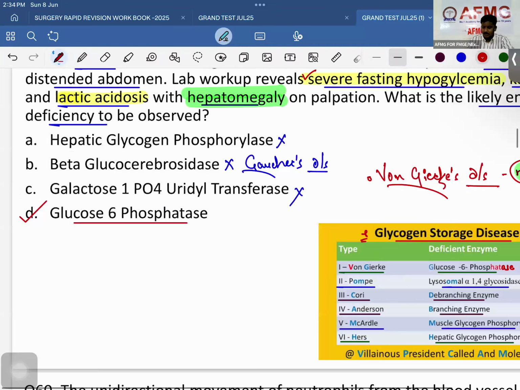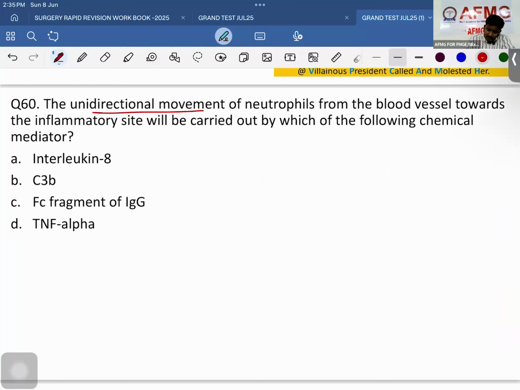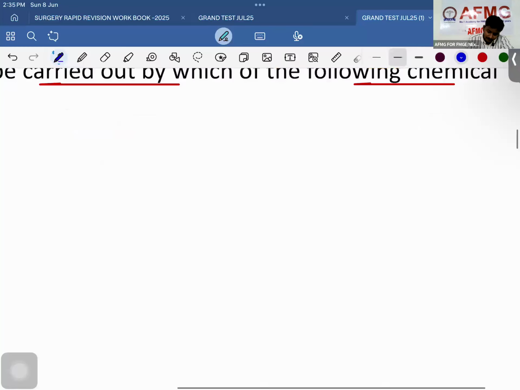Chalo. Question number 60: the unidirectional movement of neutrophils from the blood vessel towards the inflammatory site will be carried out by which among the following chemical mediators? What is this process called? Tell me first. Unidirectional movement of neutrophils from the blood vessels till the site of inflammation.